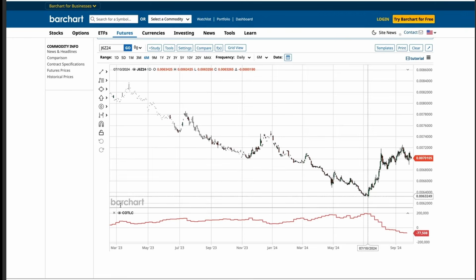So if you have a look here, this is the Japanese yen futures. And when we're looking at COT, we want to be looking at it on the futures chart. So individual future currencies, not euro against dollar or USD against JPY. You look at it on the individual currency like the yen futures, and you'd never look at it on the dollar.